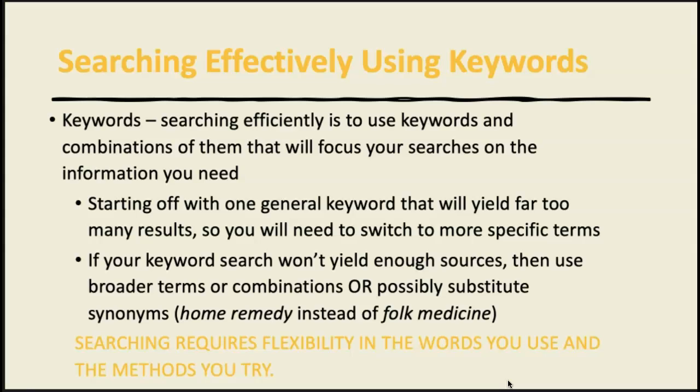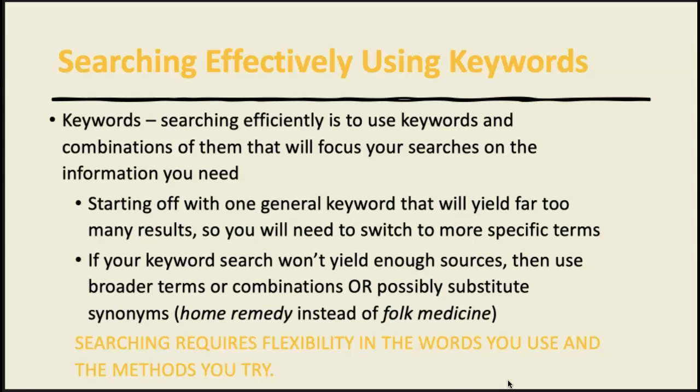Like if you were looking up folk medicine and you weren't yielding enough results, then think about another way to refer to folk medicine. Home remedies are another way to refer to that, so you might search home remedy and get a bunch of different source opportunities. Searching requires flexibility in the words you use and in the methods you try.